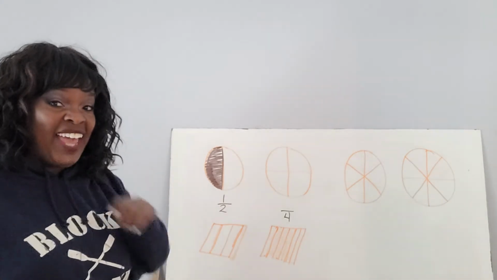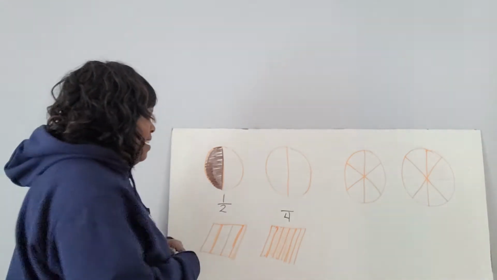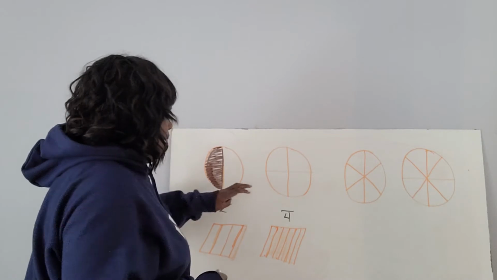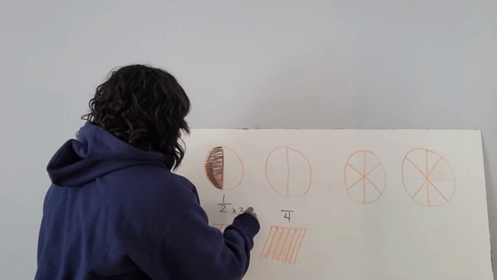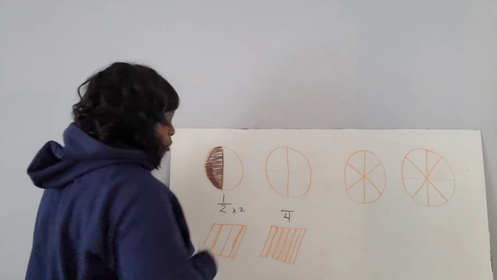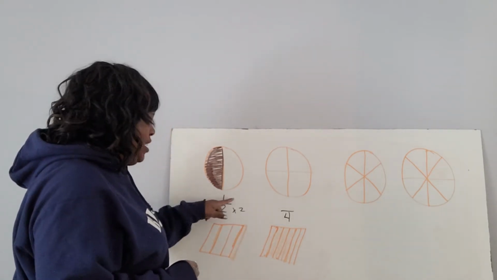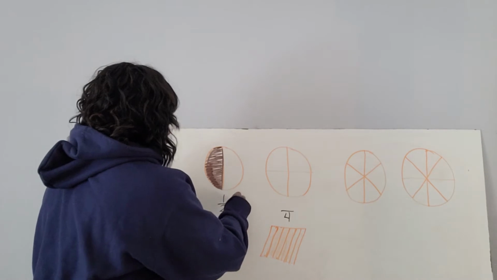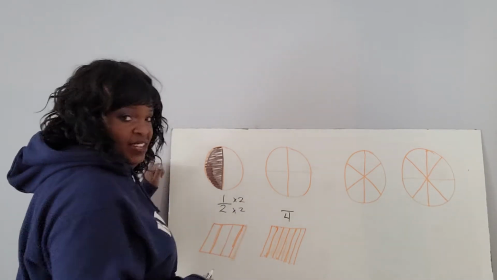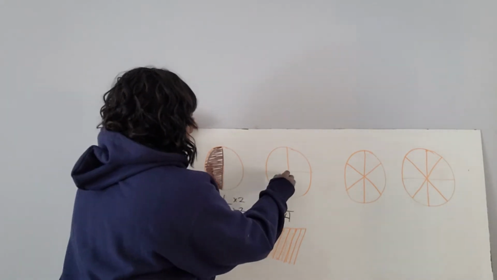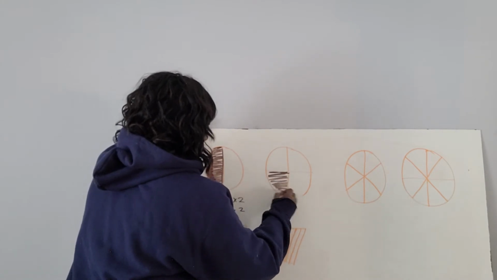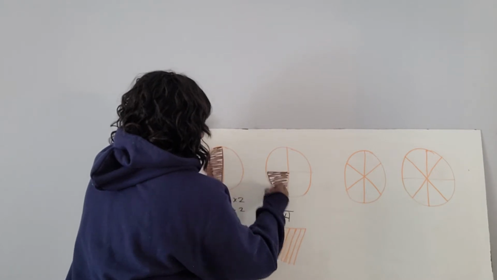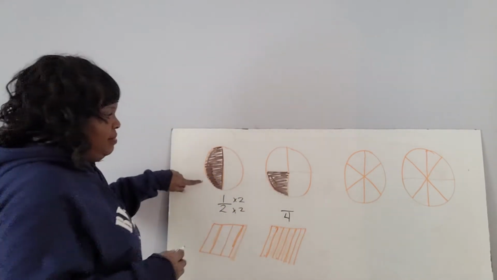Well, all I have to do is take the same number that I did to get to my bottom. I had to multiply it by 2. And if I do that same thing to the top, it's going to change. So I'm going to take this piece here, is that the same as this 1/2?